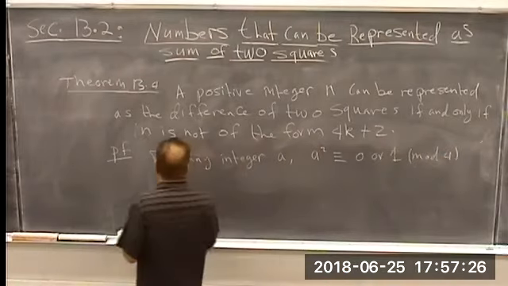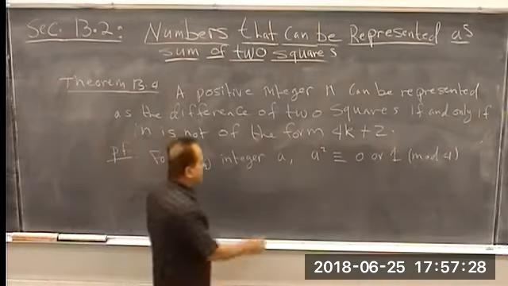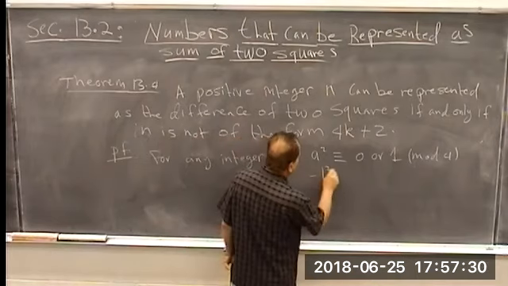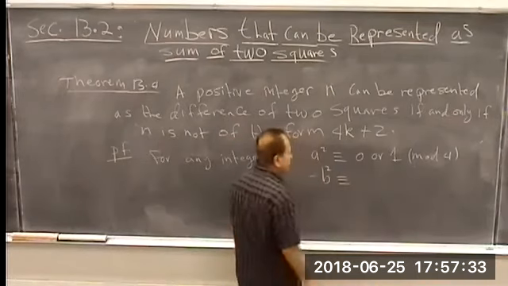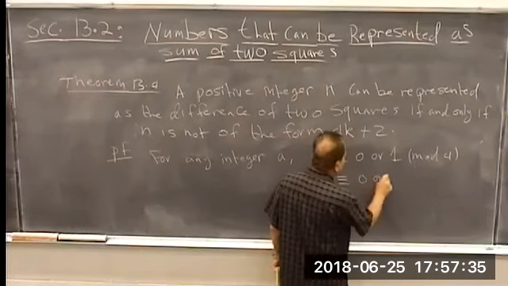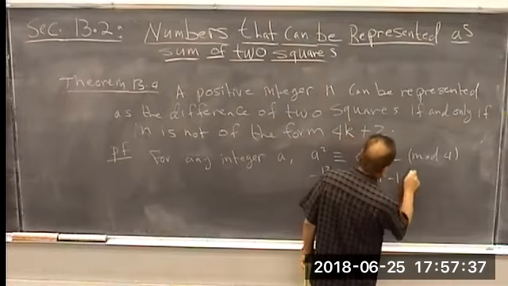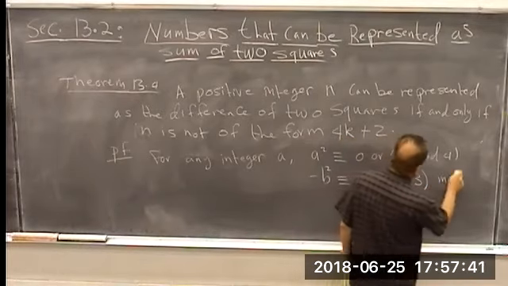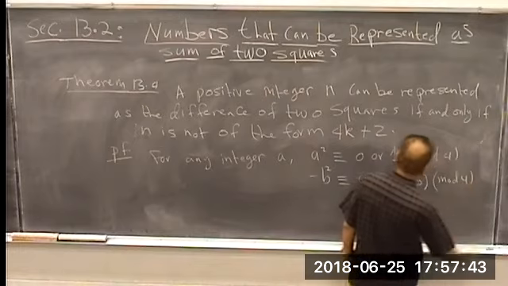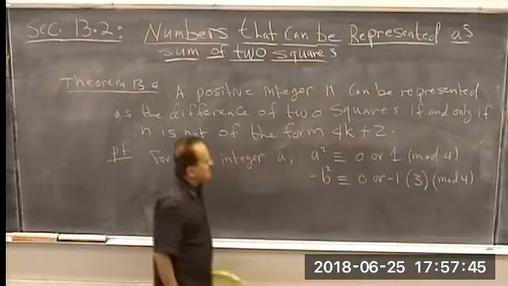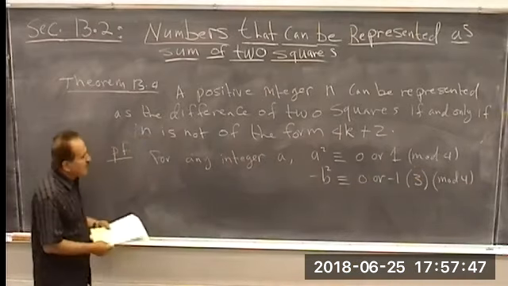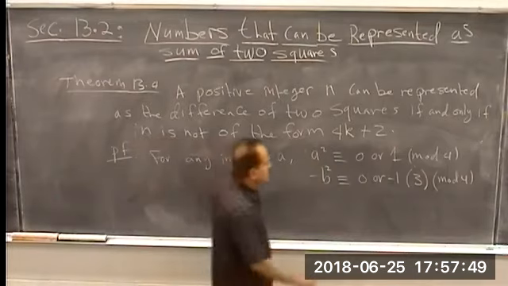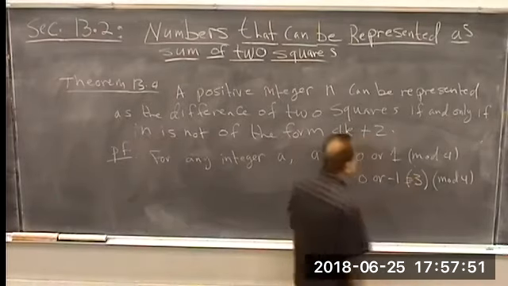And if we take negative b squared, this is going to be congruent to 0 or negative 1, which is 3 mod 4. All right? So negative 1 is congruent to 3 mod 4.